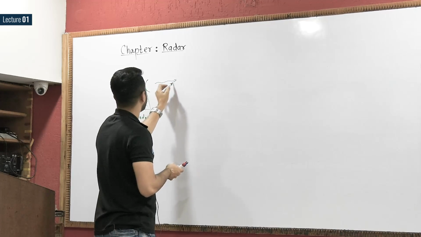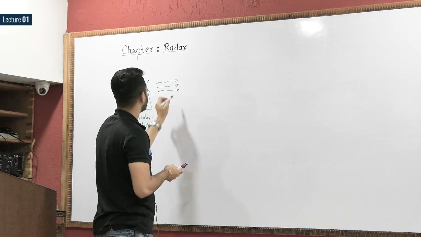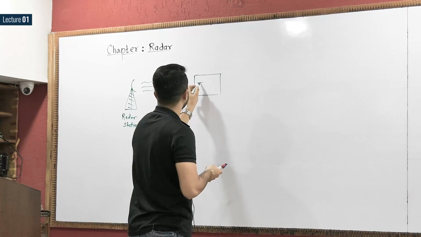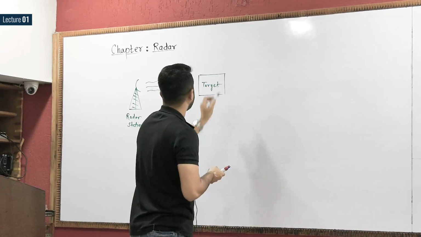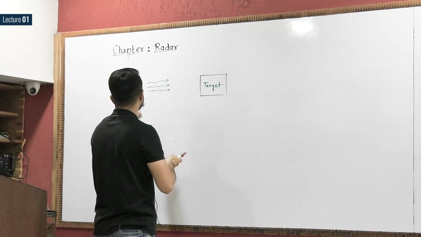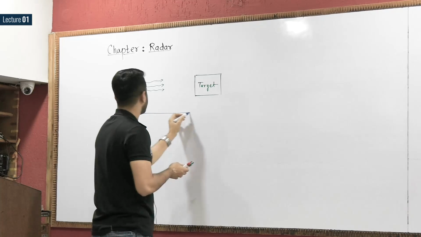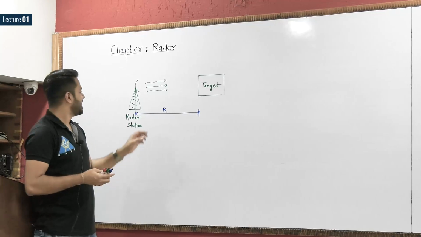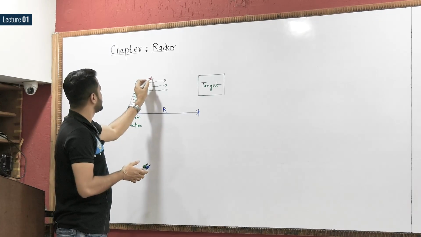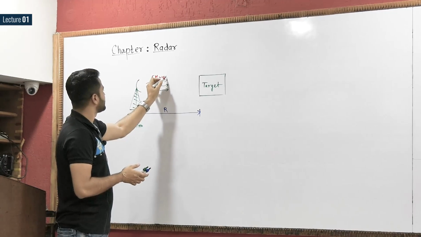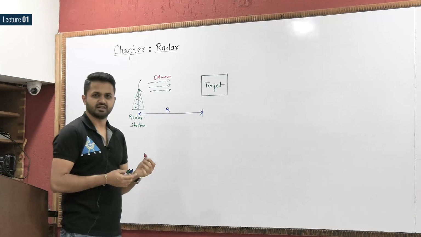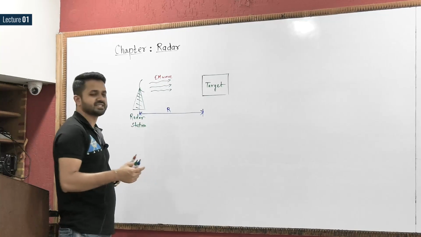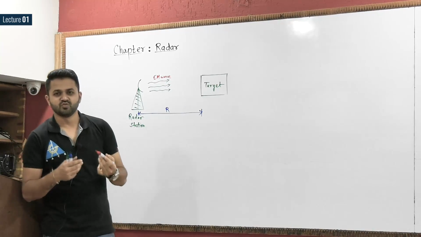We are transmitting an electromagnetic wave from here, and suppose at any distance r there is a target, and this distance we are saying is r. As this electromagnetic wave travels from the radar station to the target, it travels a distance of r, and it comes back to the radar station. That means it is a two-way propagation.